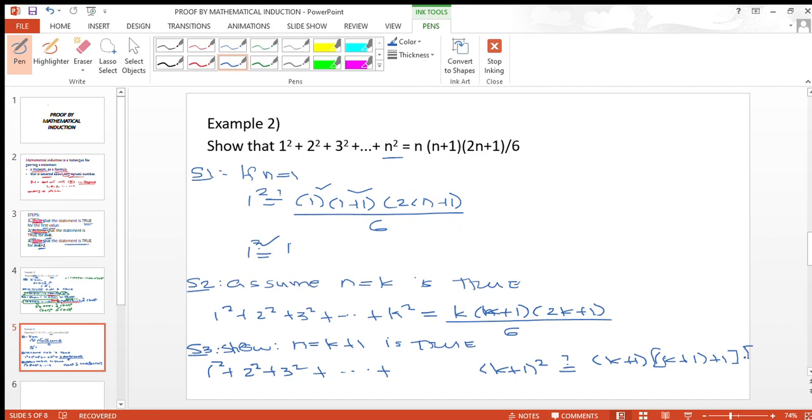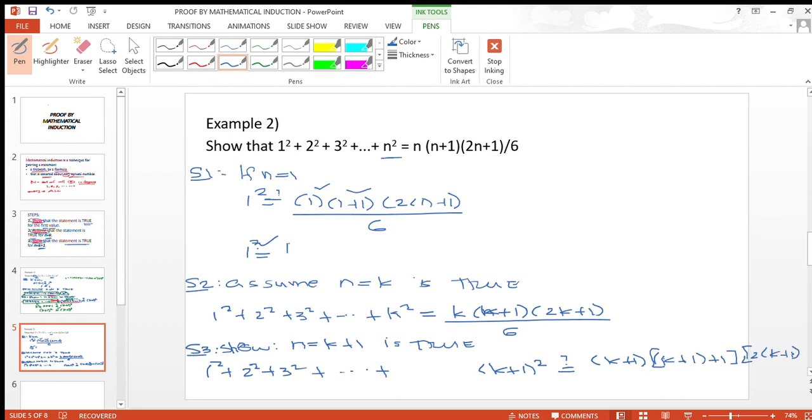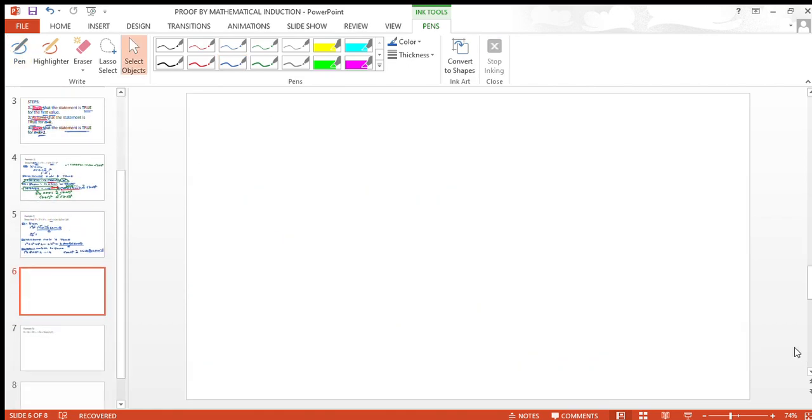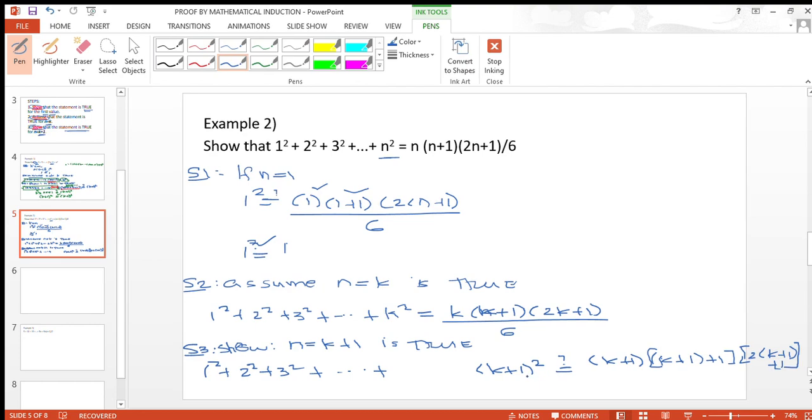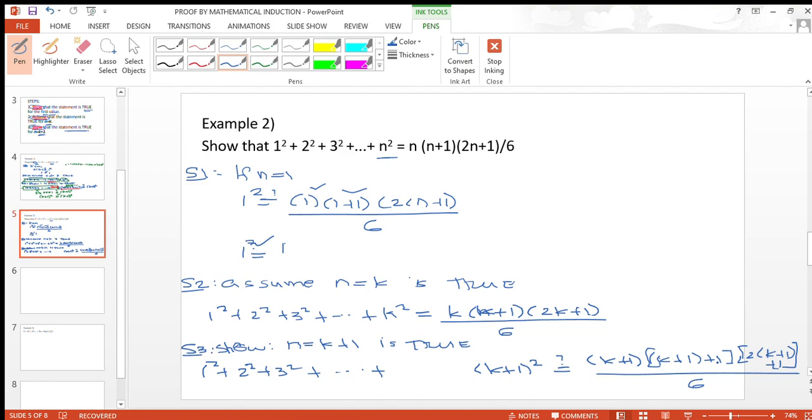Then the other term is 2 times k plus 1, plus 1, everything divided by 6. So that's the third step.